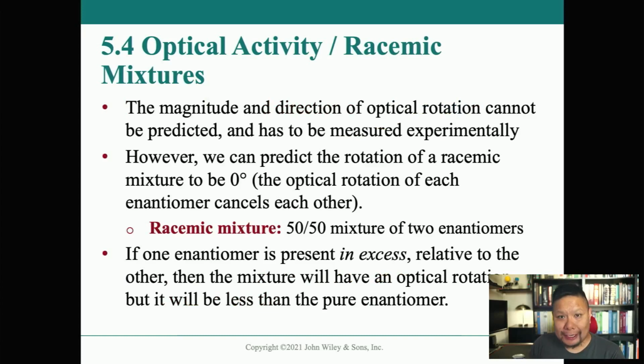All right. If one enantiomer is in excess relative to the other, then the mixture will have an optical rotation, but it will be less than the pure enantiomer, which makes sense, right? Again, if you had a 50-50 mixture of levocetirizine and cetirizine, Xyzal and Zyrtec, there would be no rotation. It would be 0 because they cancel each other out as a whole. Because it's a 50-50 mixture.